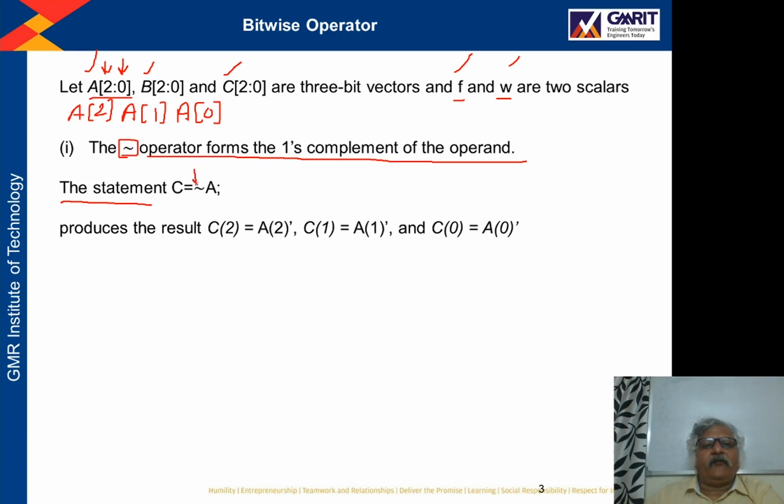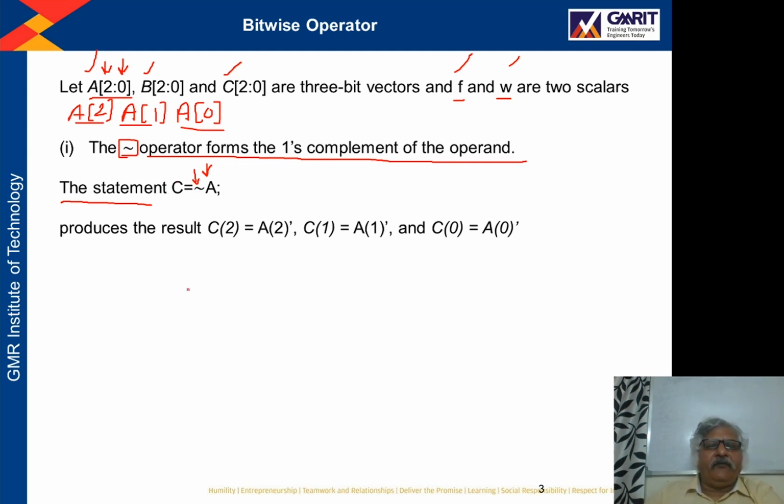This operator will perform one's complement over the operand A. Since A has three elements, A2, A1, A0, the one's complement operation will be performed over these three values, and the result will be assigned to C.